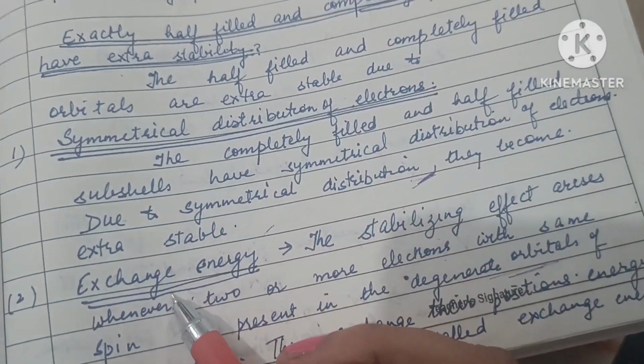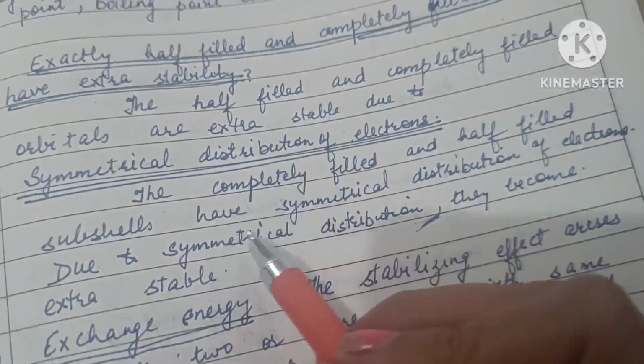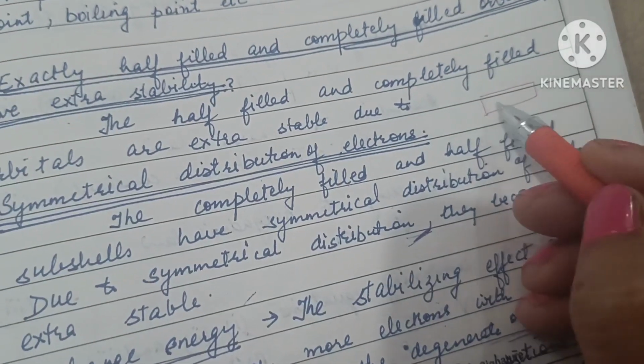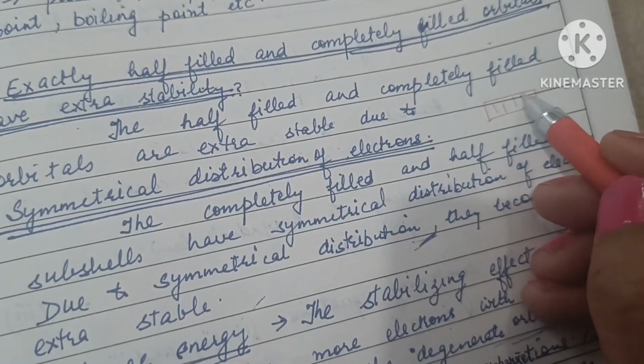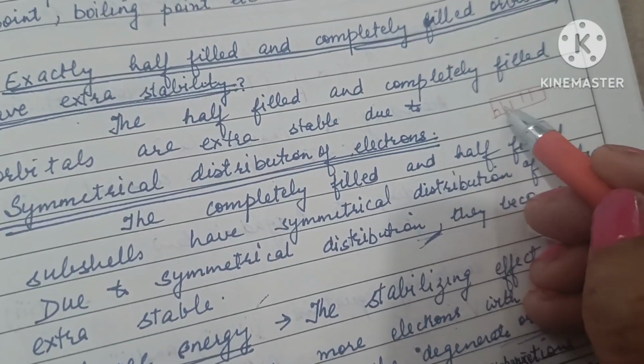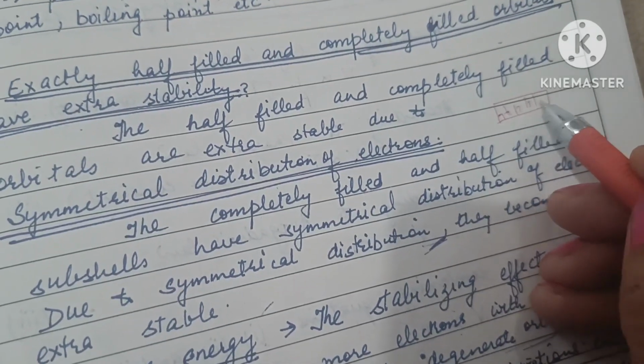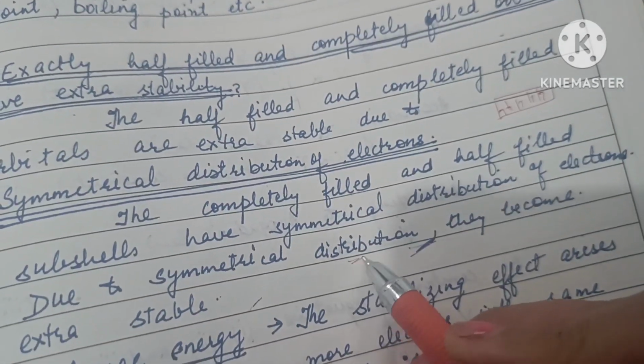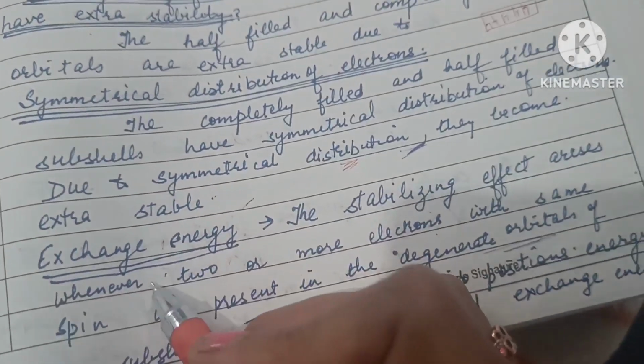distribution of electrons, and number 2, exchange energy. Now half filled configuration is symmetrical, and symmetry leads to stability. So similarly, fully filled is also symmetrical. Due to symmetrical distribution, they become extra stable.